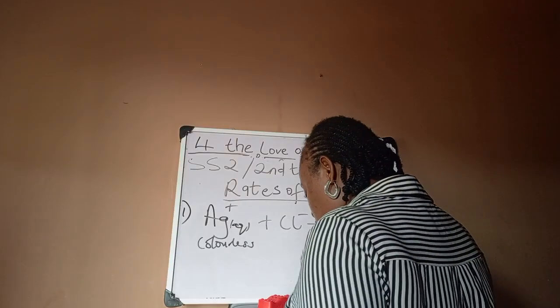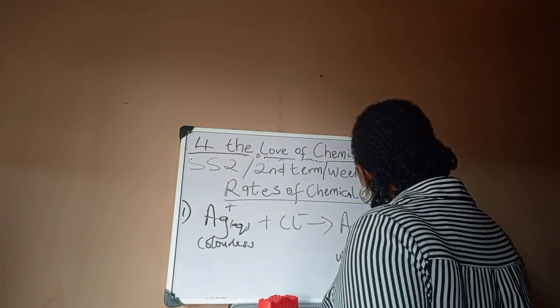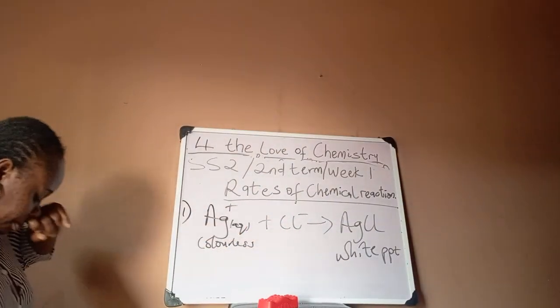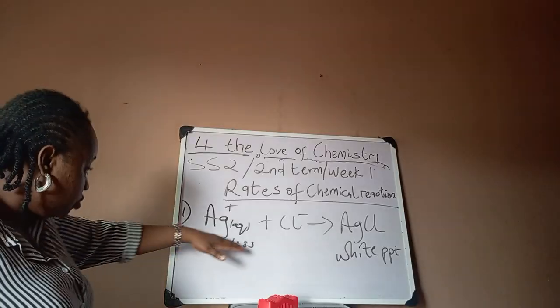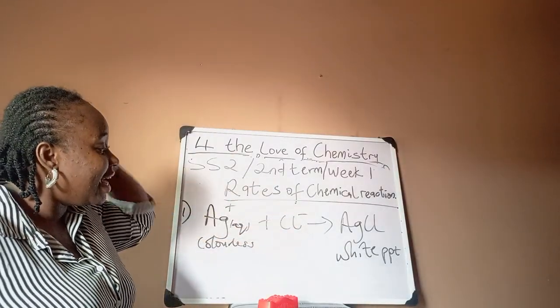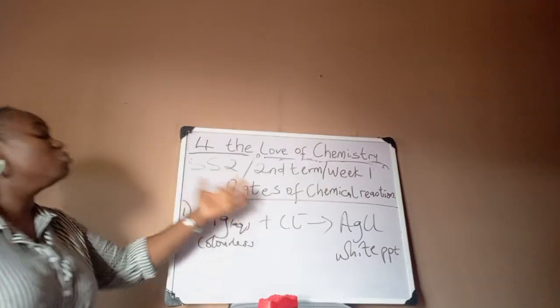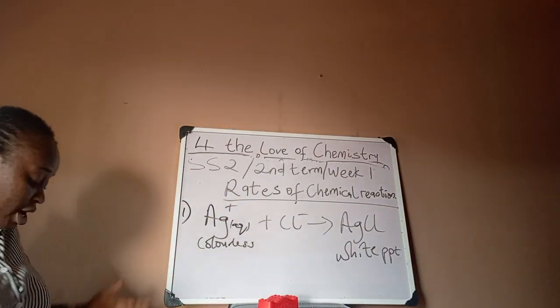This reaction is so fast that the moment you add the silver salt to the chloride, you get a white precipitate immediately, such that the rate at which it is formed is very hard to determine.